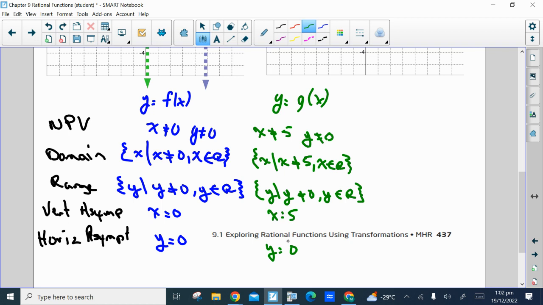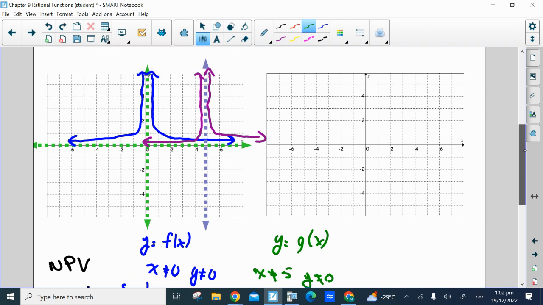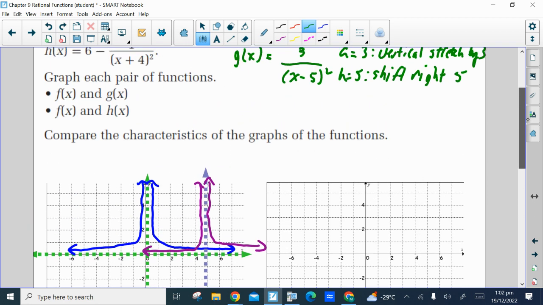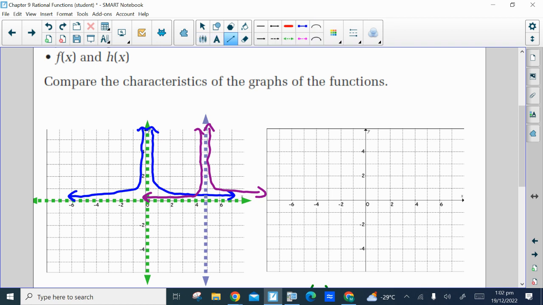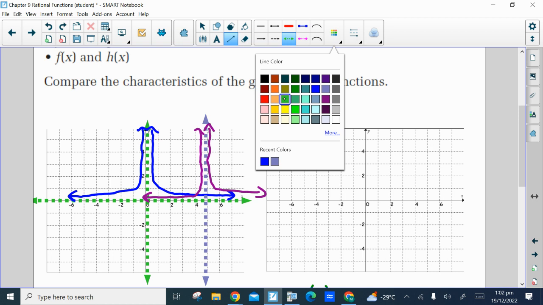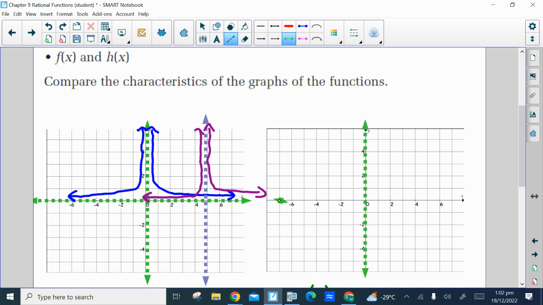Okay, so now we want to compare f of x and h of x. For f of x, we've already done it once, so we can do that again. So this is the graph of f of x.